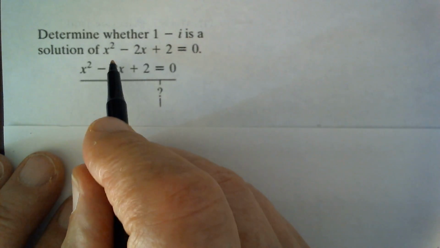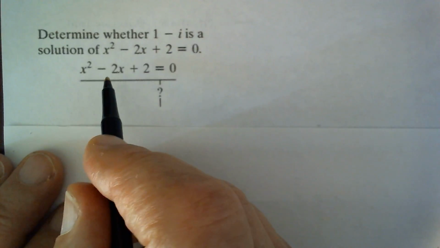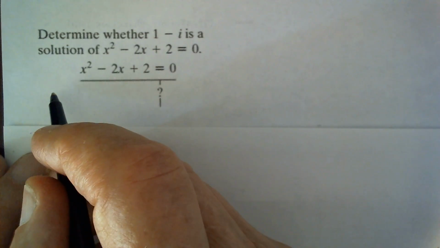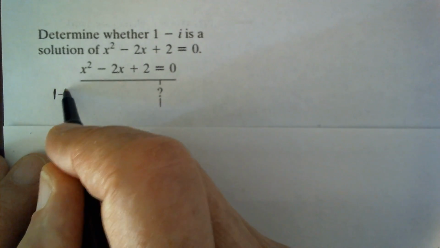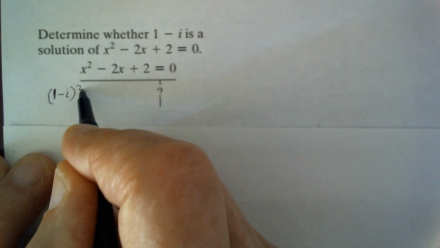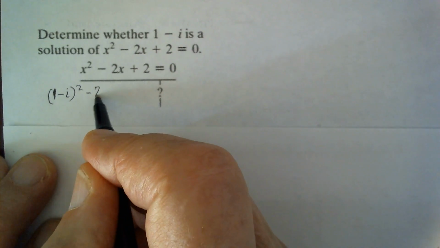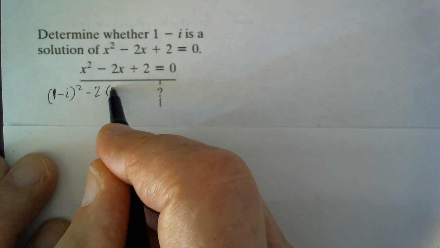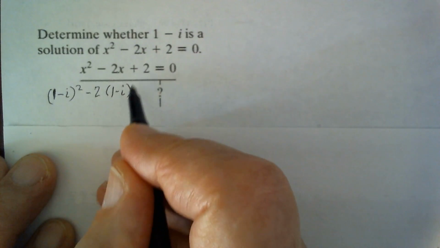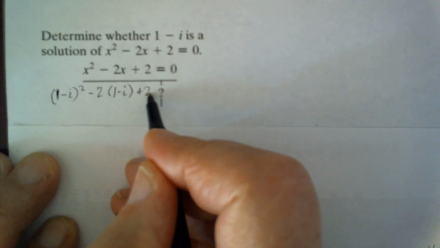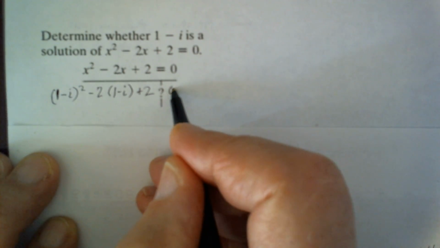So it means we replace every x with the expression 1 minus i. So that means x squared means 1 minus i squared, minus 2 times x, or 2 times 1 minus i, plus 2. So the question is, is that equal to 0?